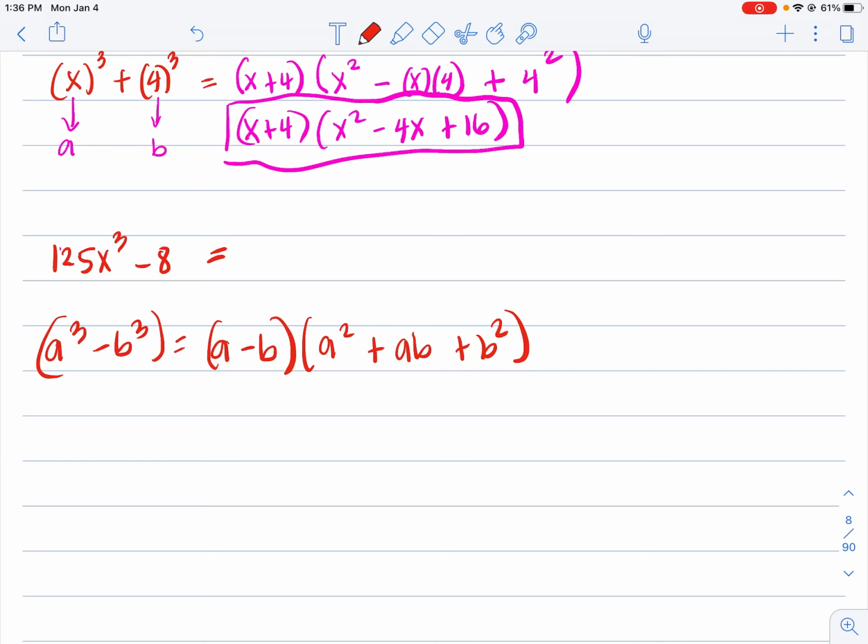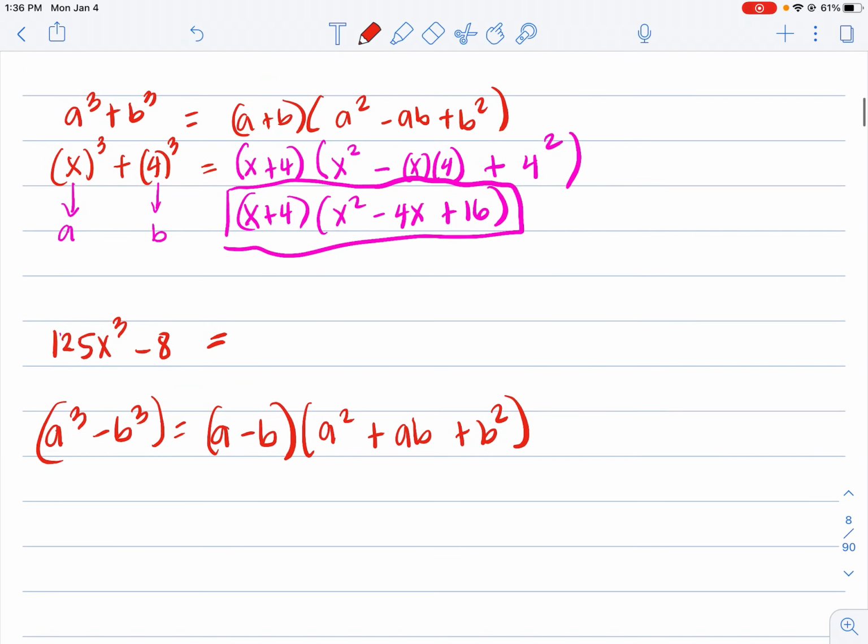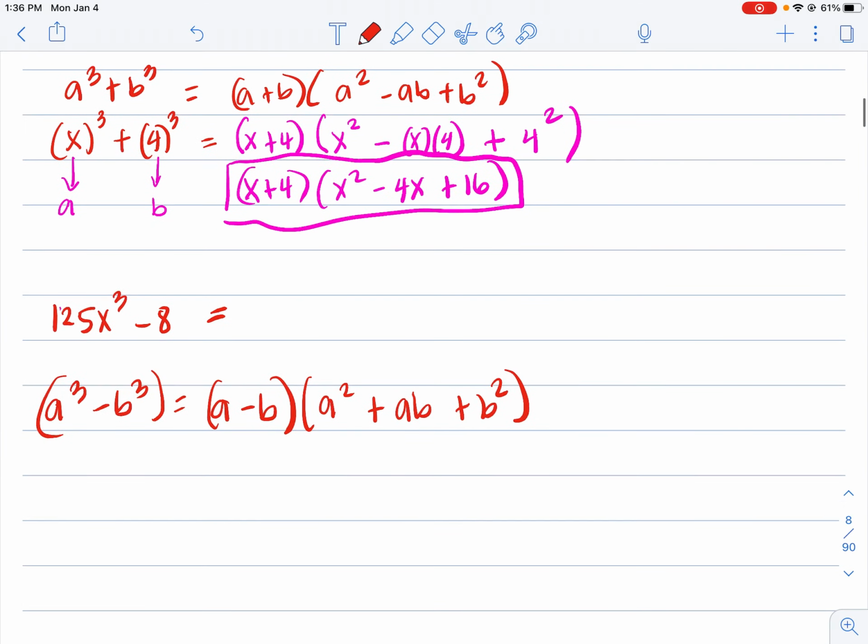So let us substitute. The 125 will be translated into 5x cubed. Right? Because 5x times 5x times 5x will give you 125x cubed. Minus the 8.